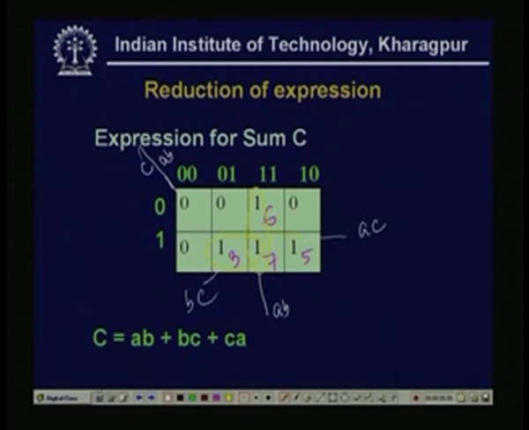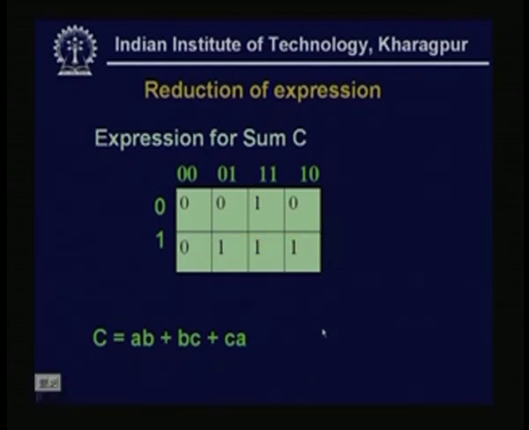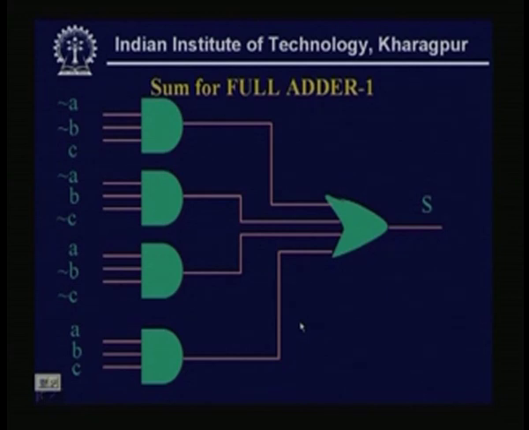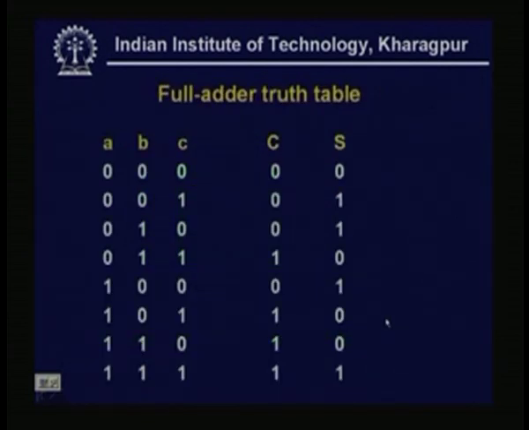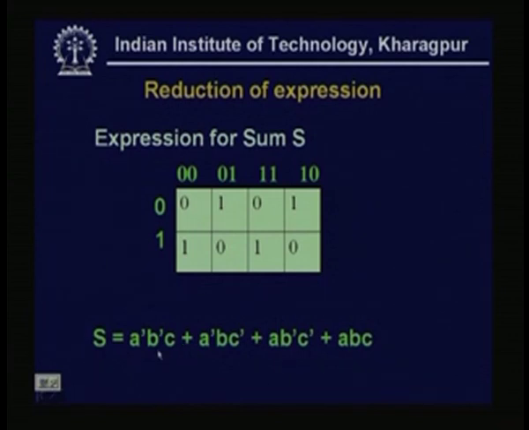Now, we have to see what the design will be. First the sum. The sum needs 4 three-input AND gates and 1 four-input OR gate.